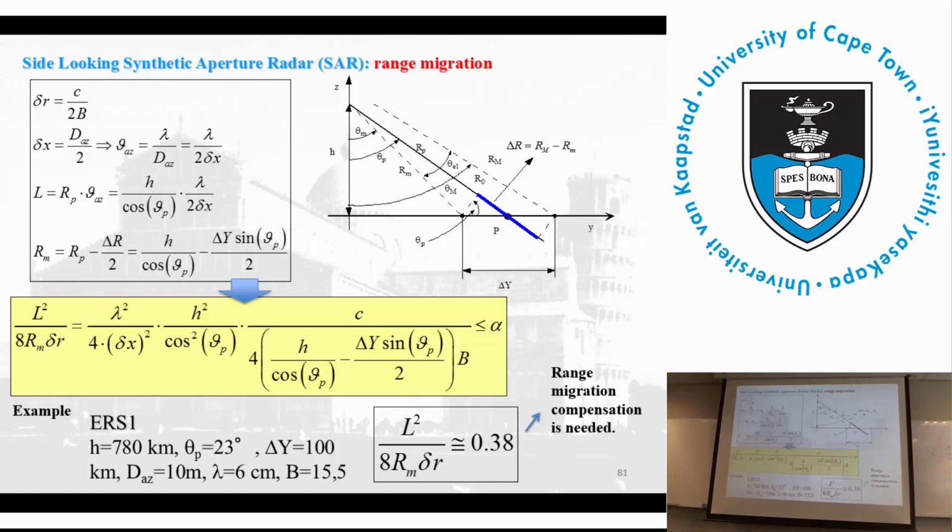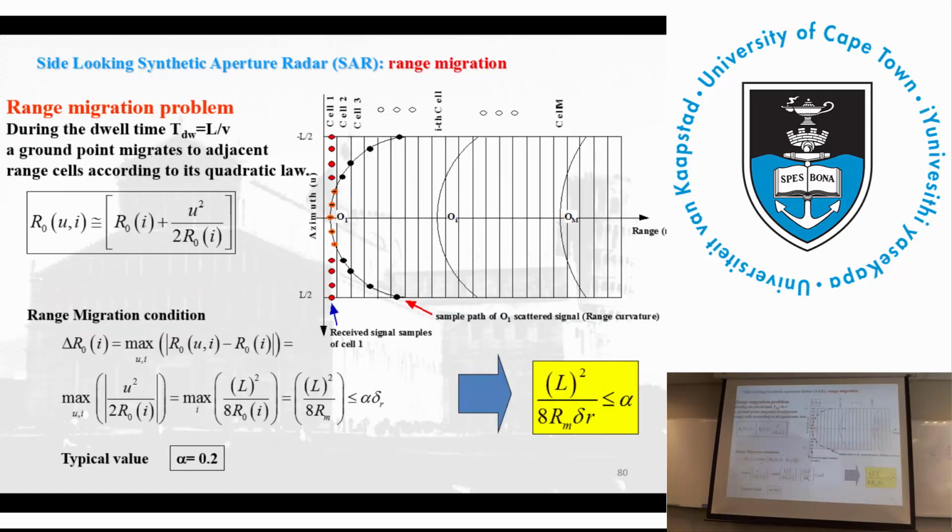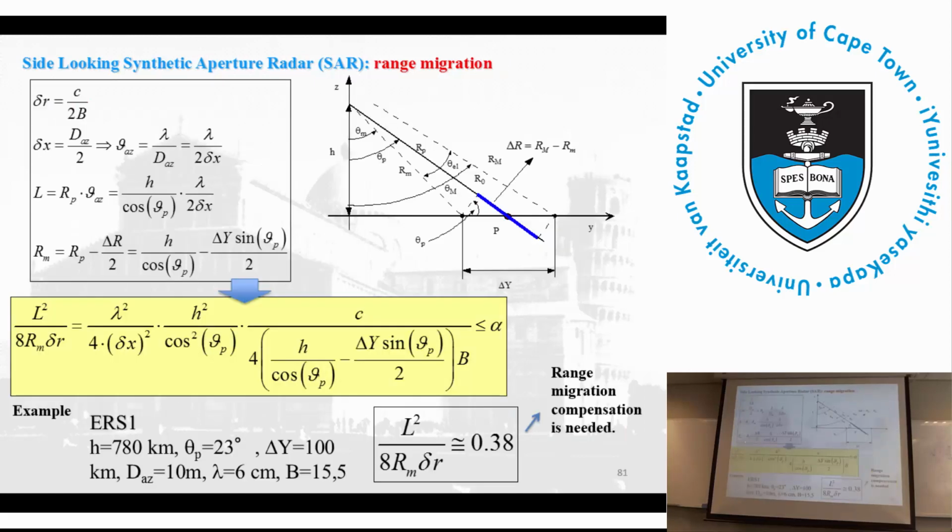I'm not changing things, I'm just replacing these. These are not system parameters, right? Well, delta R is, but I can substitute it with the bandwidth, which from a radar point of view is directly seen as a system parameter. And R_m, of course, is a geometrical parameter, but I want to relate this to system parameters in the sense that now I know what my swath is, I know my incidence angle, and I know my altitude.